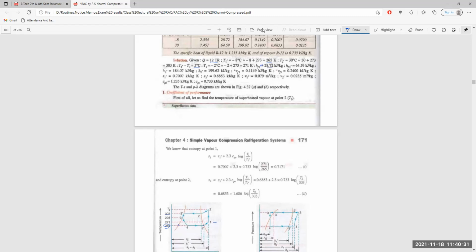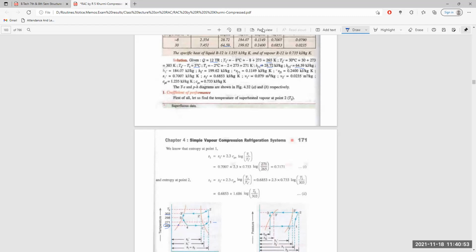And H3 dash is the liquid enthalpy at temperature T3 dash, which is given here as 62.59.